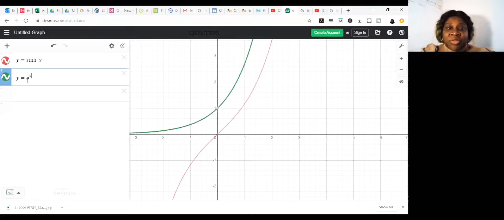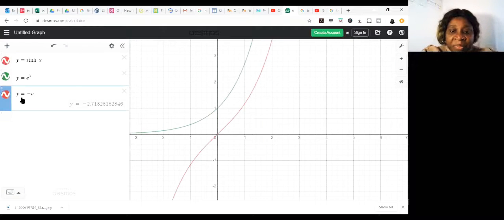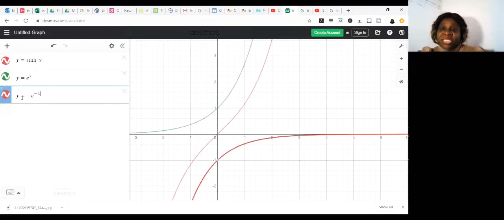And then let's draw the graph of y is equal to minus e to the power of minus x. You can see this one now going in between the two of them, yeah? So you know what I was trying to draw for you, the shape in the middle. It's that one going in between e to the power of x and minus e to the power of minus x.